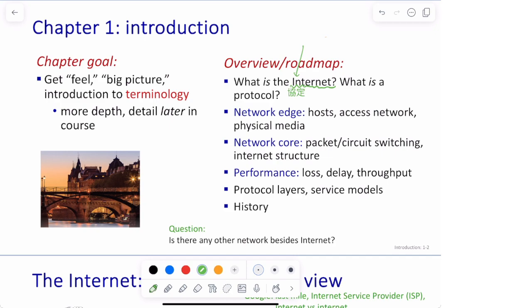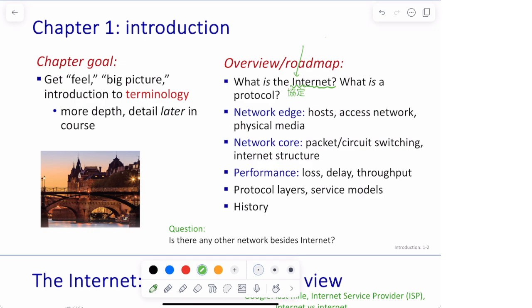Okay, and that is because in the early days there were a lot of different computer networks, and the current Internet is just one of those old networks. And of course, because different users and different devices indeed need to connect with each other, gradually some old networks failed, and the network we use right now, which is the Internet, won.